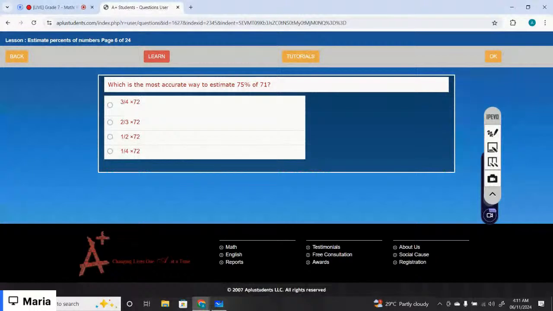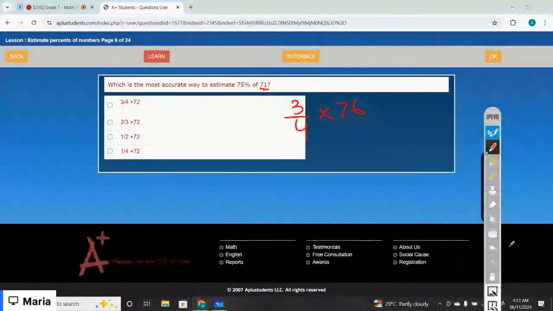What is the most accurate way to estimate 75% of 71? So, which is the correct option? 75% of 71 is 3 by 4 times 72.